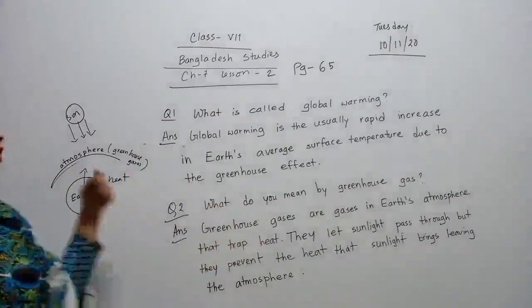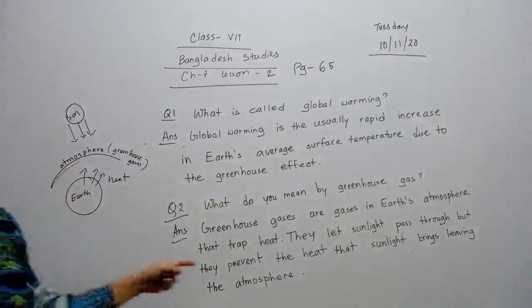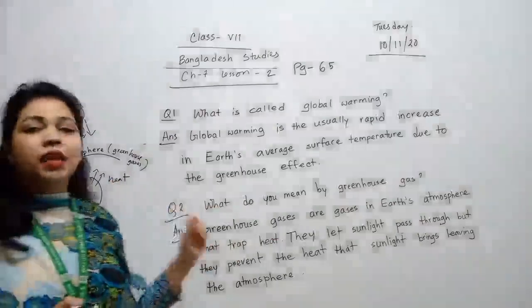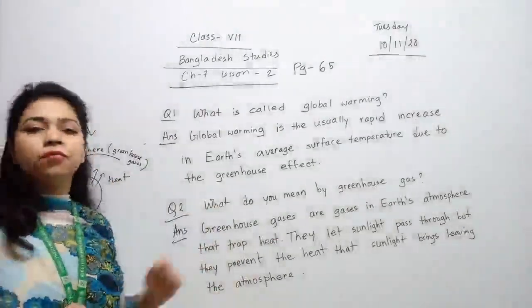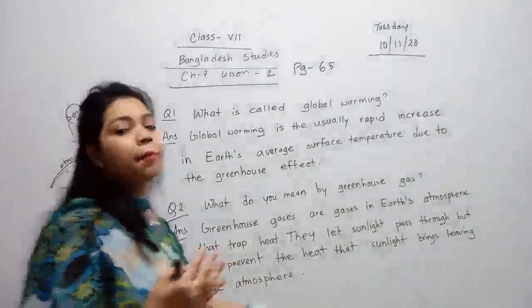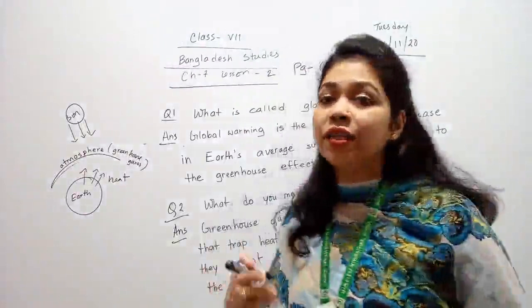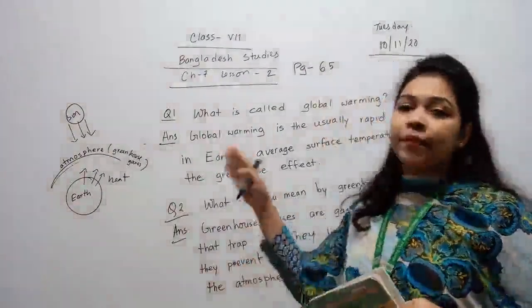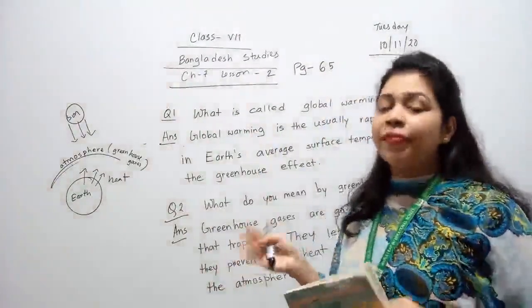So they let sunlight pass through, but they prevent the heat that sunlight brings leaving the atmosphere. It's always vice versa. So when the amount of heat on our Earth increases, it gets trapped into the atmosphere.